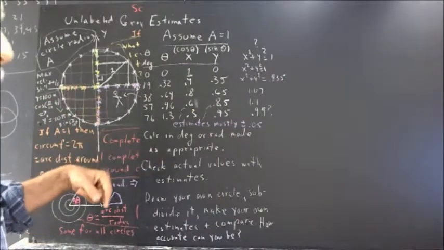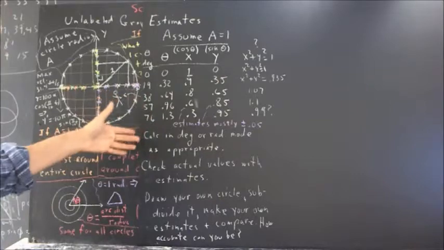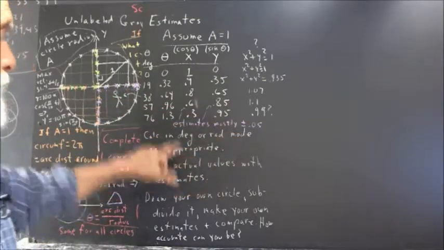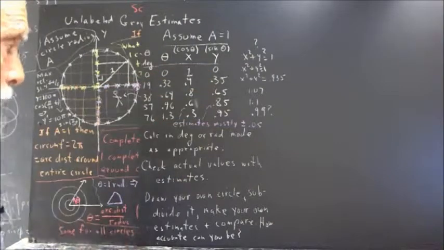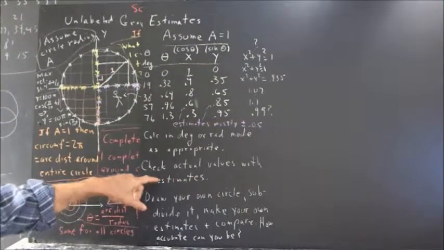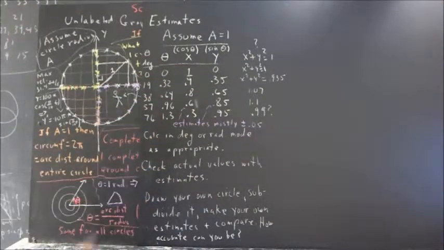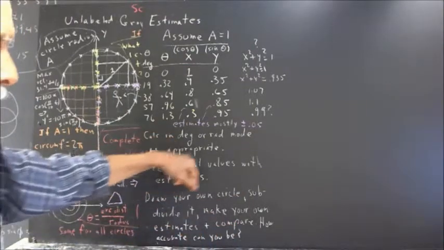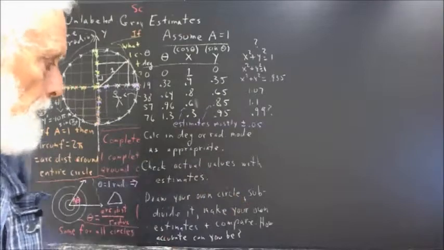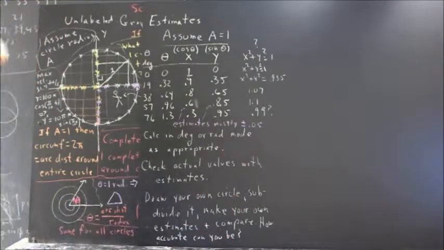And I've recommended that you calculate these in degree or radian mode as appropriate. Do the degrees, calculate. Do the radians, calculate. See how close they are. Then check the actual values, as I just said. And then draw your own circle, subdivide it, make your own estimates, and compare. How accurate can you be?